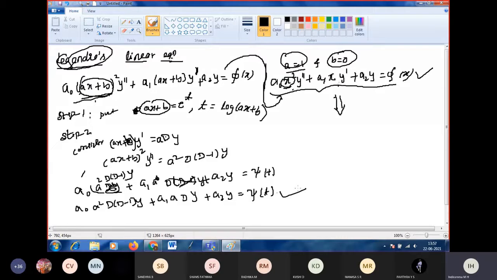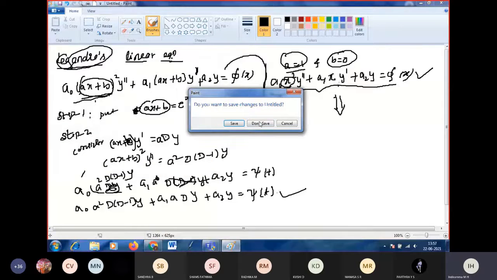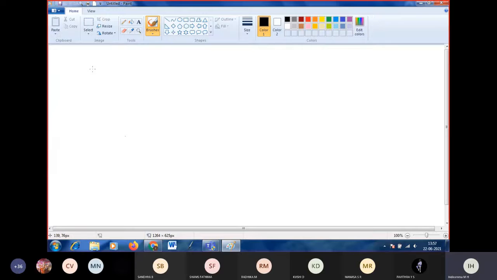Next, take down the problem. First one, solve: 1 plus x whole square into d square y by dx square, plus 1 plus x into dy by dx, plus y is equal to sine 2 of log of 1 plus x.